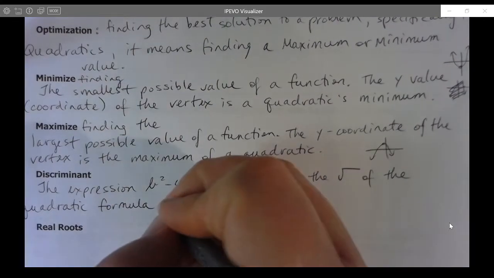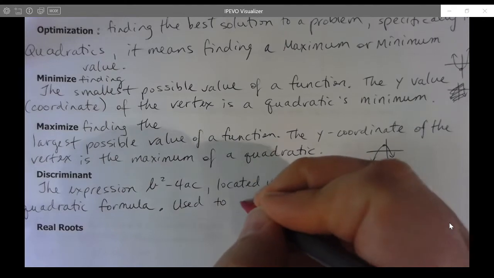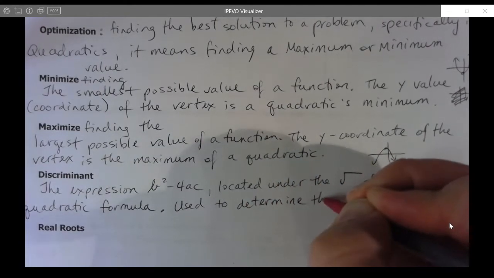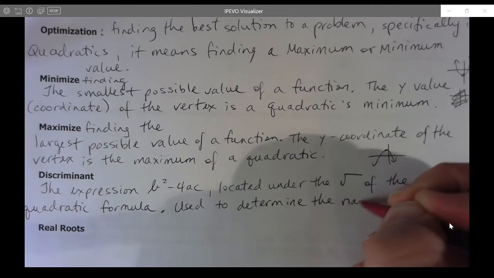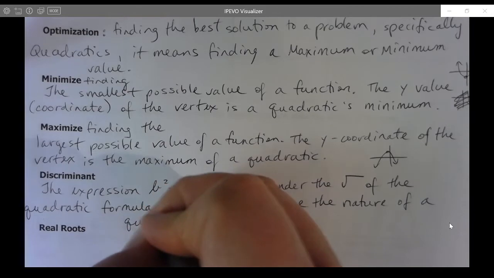And it's used to determine the nature of a quadratic's roots.